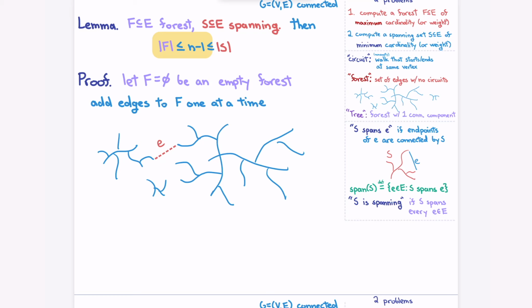Initially, when there are no edges, how many connected components are there? n. And every time you add one edge, what happens to the number of connected components? It decreases by exactly 1. And how low can it go?